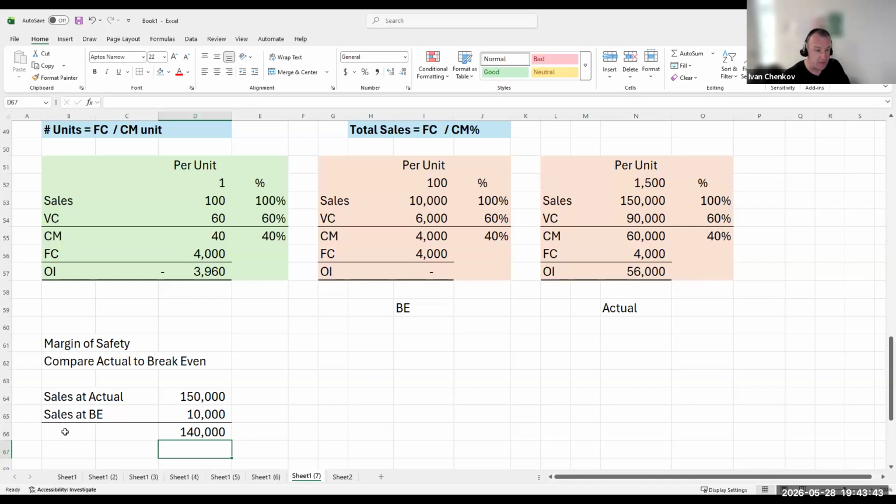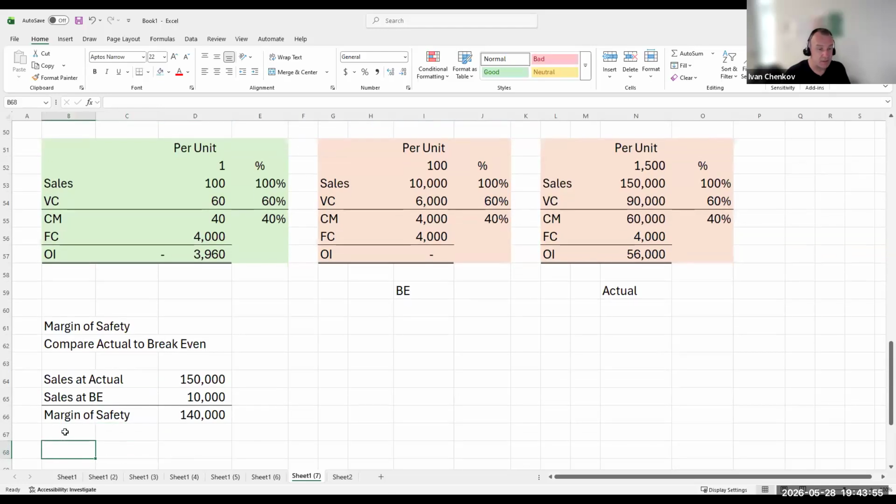So margin of safety in sales is $140,000. Can I express it as a percentage? Why not? How can I express it as a percentage?